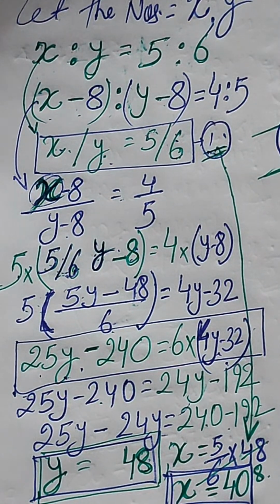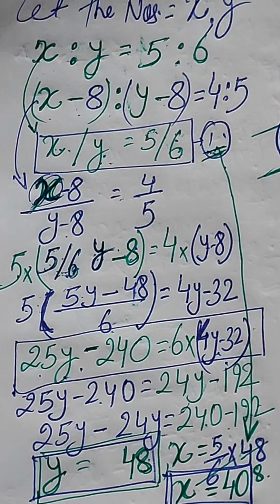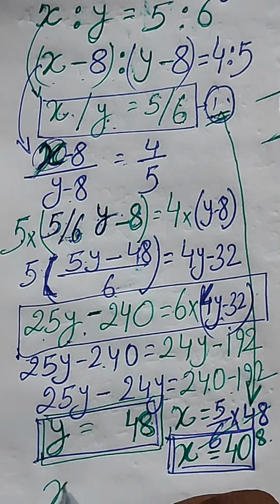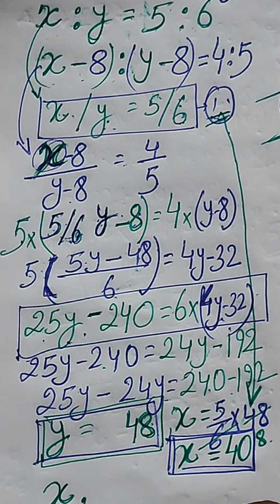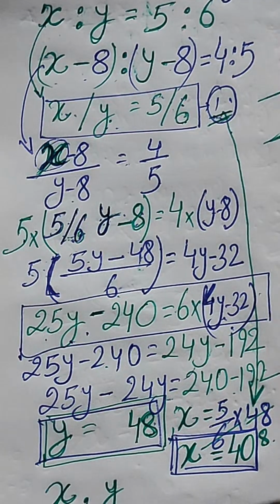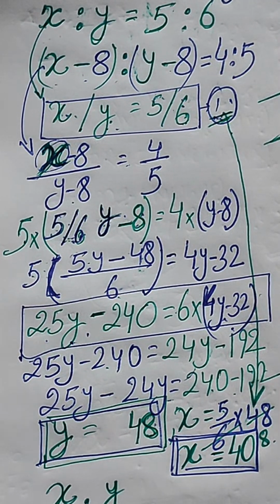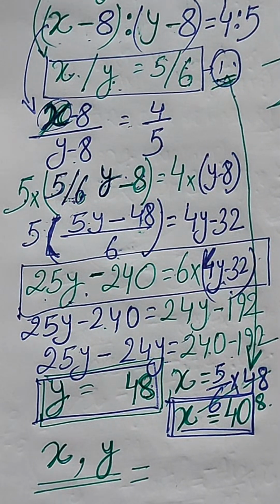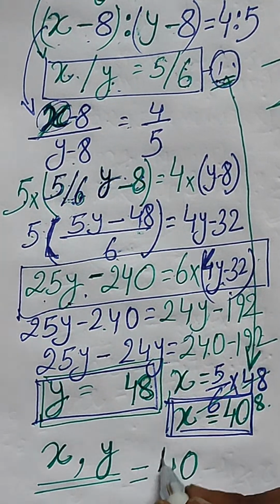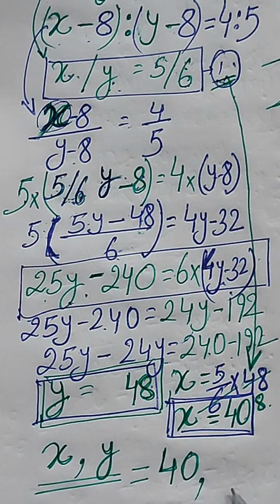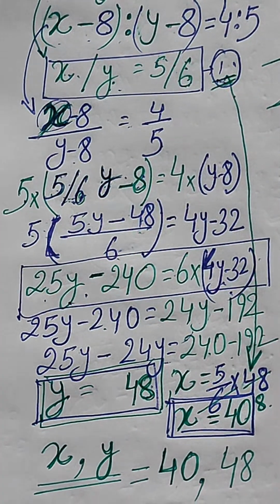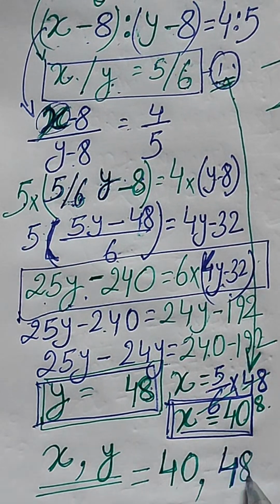So in this way the value of x is also identified. So the two numbers which were asked in the question were x and y, and the values of these numbers are 40 and 48. 48 is the second number.